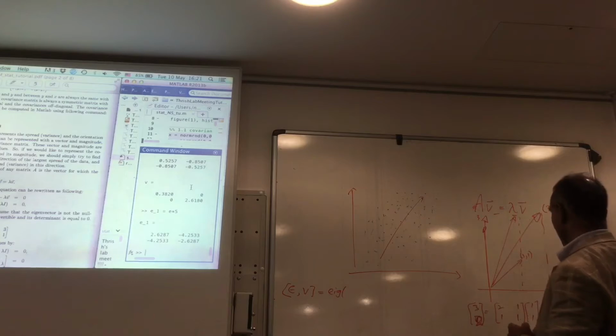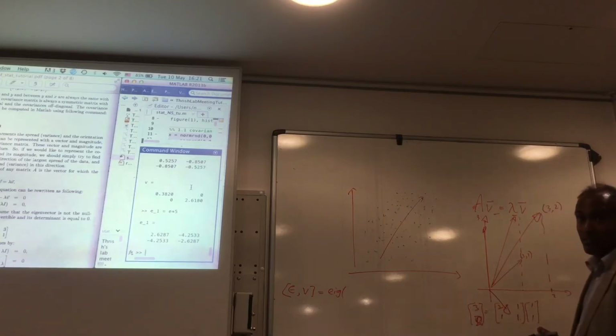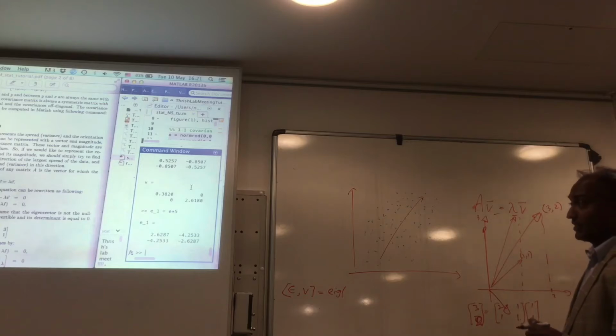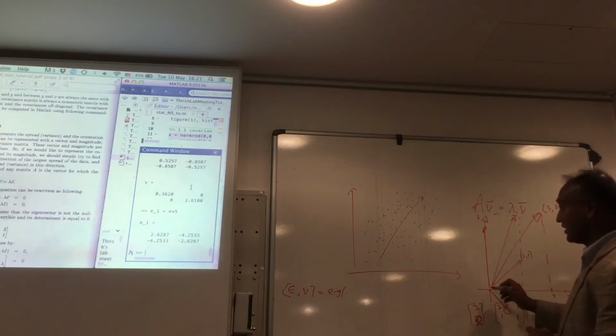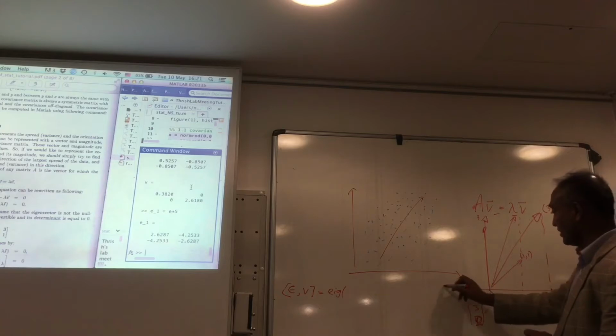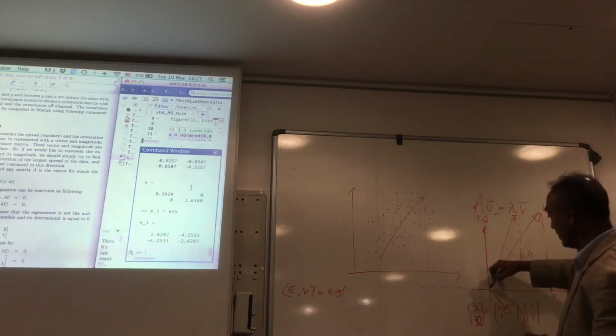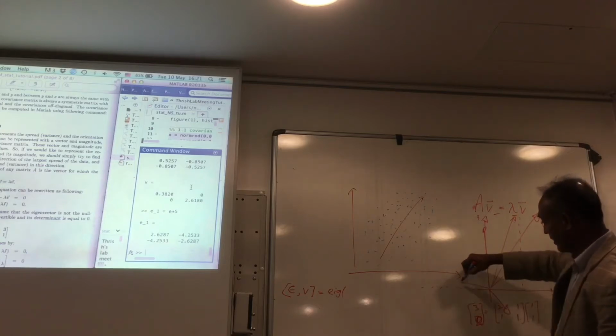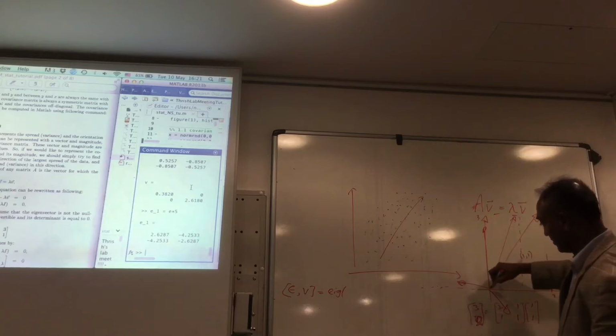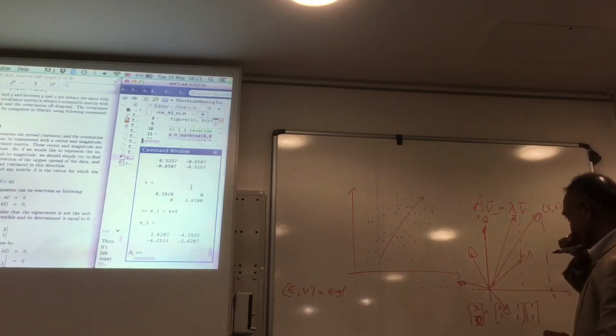So one eigenvector is somewhere in this direction. And the other eigenvector is here, minus 4, pointing in that direction, right?